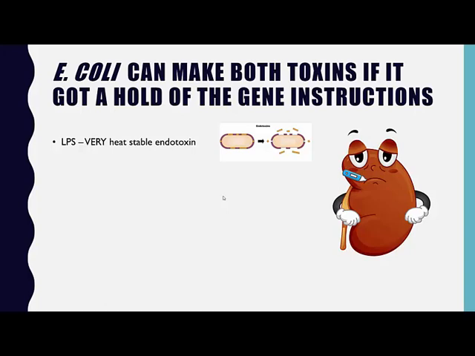Well, E. coli can only make an exotoxin if it got the gene instructions from maybe a friend. So remember, E. coli always has LPS. So that's an endotoxin here, and when they break apart, they can release the endotoxin. Now, some E. coli might have genes to make some nastier LPS endotoxin. That is true.